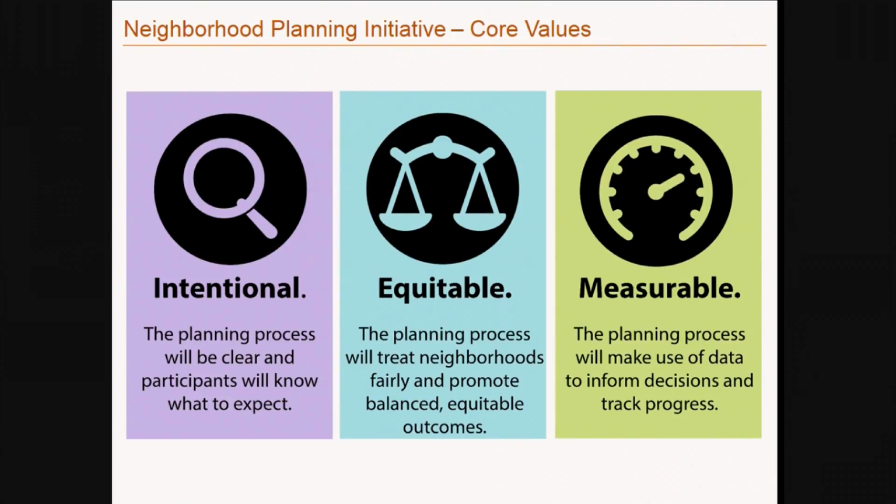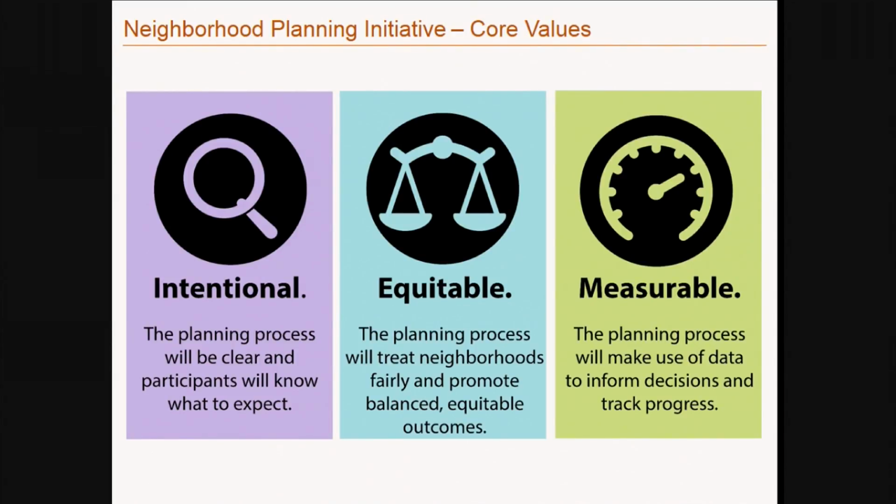The timeline will be intentional, right? We don't want our plans to take 5 years. That's a lot of your time committed to a planning effort. We hope to get it to 18 months. Equitable. Again, we want to cover the whole city with these area plans 100%.